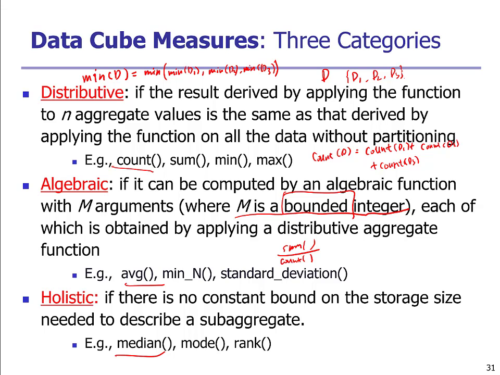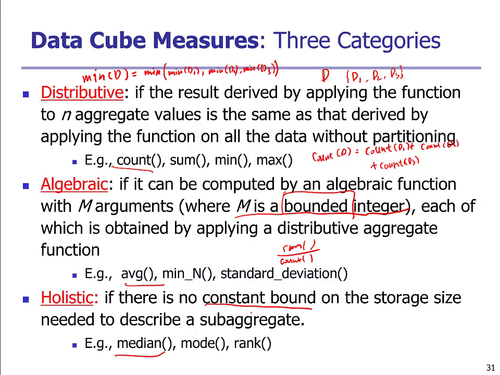And for holistic, if there is no constant bound on the storage size needed to describe a sub-aggregate, then it is holistic. This means there is no algebraic function with m arguments, because m is unbounded in this case.